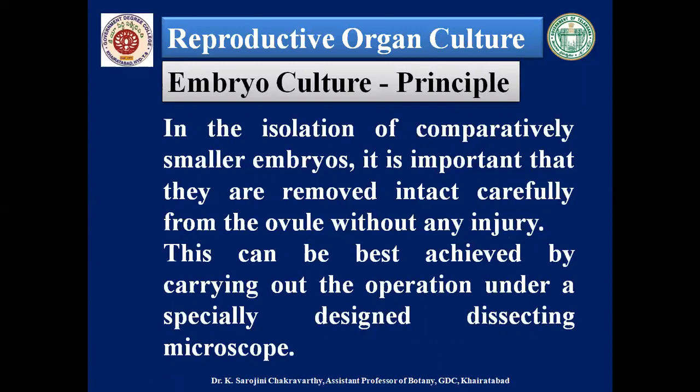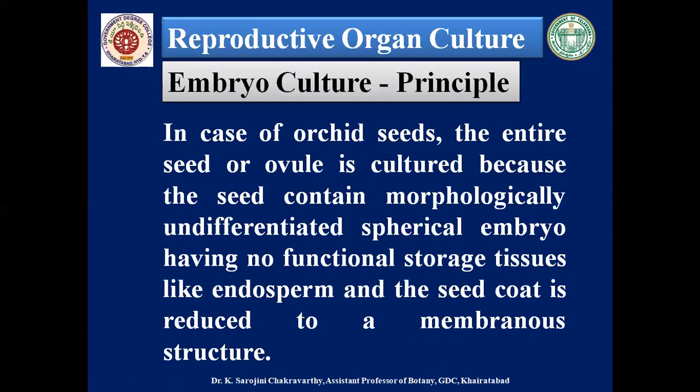But what is the case of orchids? In orchids, the seeds are very tiny and very small. So in the case of orchid seeds, the entire seed or ovule is cultured, because the seeds contain morphologically undifferentiated embryos, lacking storage tissues, that is, no endosperm, and the seed coat is also reduced to a membranous structure.